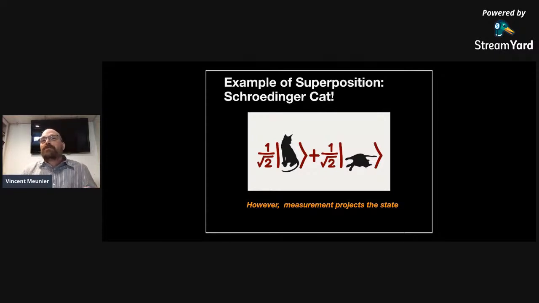You can show, using those ket representations, that the state of the cat is equally likely to be alive and dead, and you cannot tell until you make a measurement. And in fact, the problem is that you cannot resurrect the cat. If you measure the cat to be dead, you collapse your wave function and impose the result.